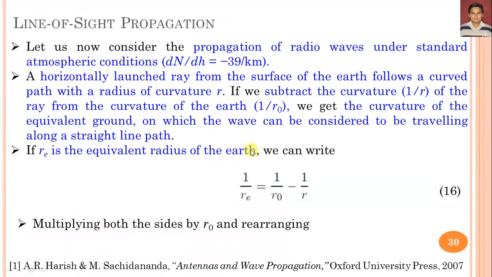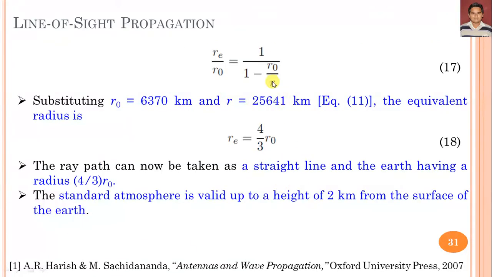Multiplying both sides by R naught and rearranging equation 16, we get the value of Re by R naught, which is equal to 1 upon 1 minus R naught by r. So by substituting the value of the actual earth radius 6370 kilometer and r is the effective radius, that is equal to 25641.